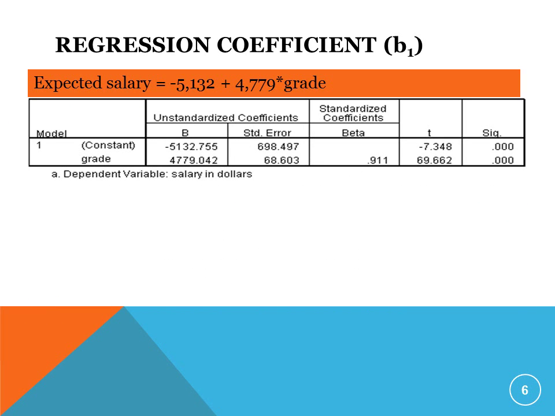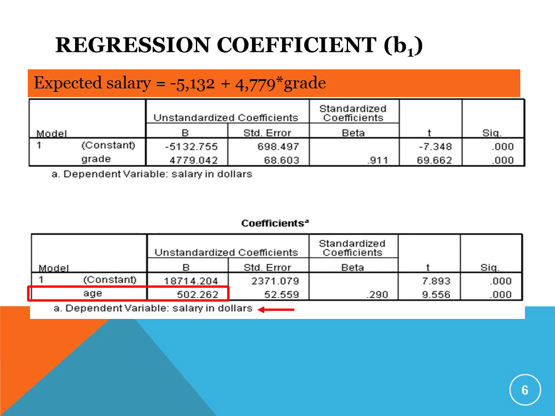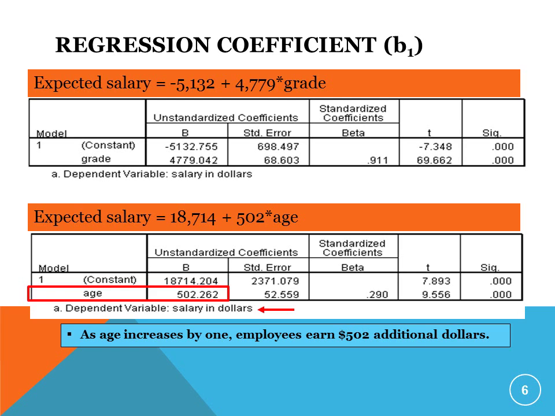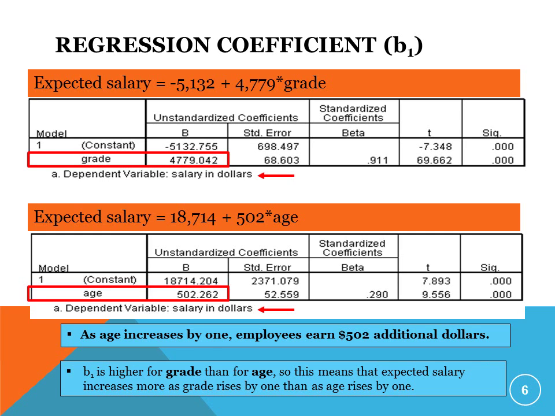Looking further into the regression coefficient, we have two outputs here. The first one is the one that we've already seen. The second one, we're now looking at age as our independent variable. So as age increases by 1, as you go from 10 to 11, 20 to 21, 35 to 36, employees earn $502 additional dollars.